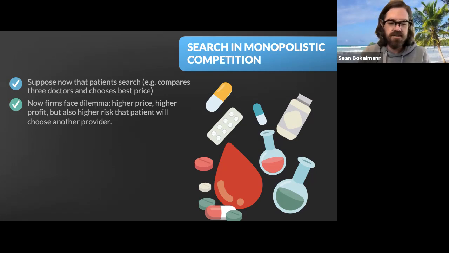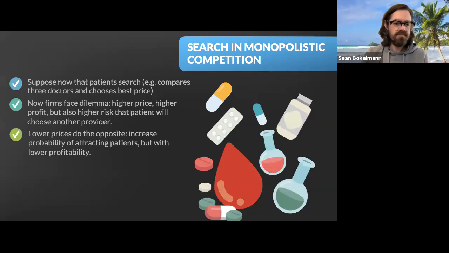They could charge a higher price, which means potentially higher profits, but then there's the trade-off that they risk the patient choosing an alternative provider charging a lower price. So the typical trade-off when choosing price: higher price comes at the cost of lower quantity sold, because the demand curve is downward sloping. That's the dilemma. And of course lower prices do the opposite. They decrease profitability, but increase the probability of attracting patients.